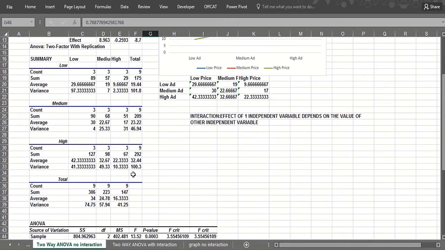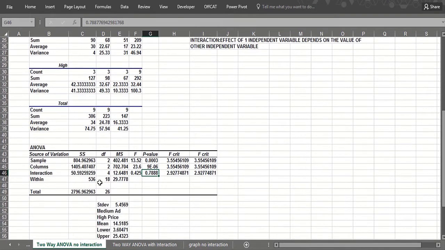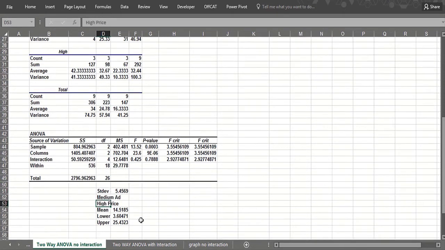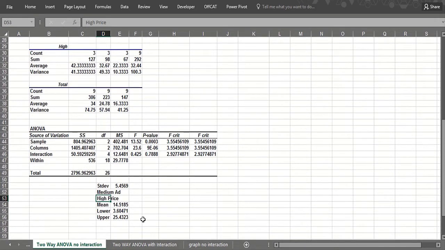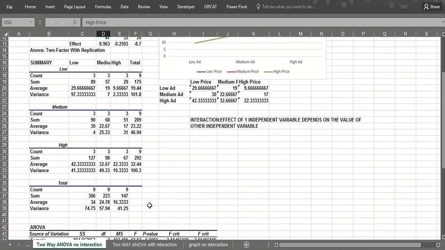The square root of the mean squared error is what we use as the standard deviation for our forecast. Then we can make our forecast, let's say, for high price and medium advertising with a 95% confidence interval. We'll get to that in a couple of minutes.